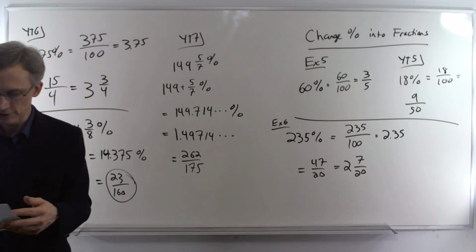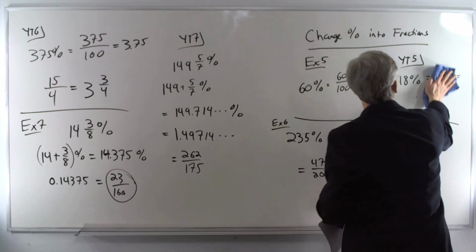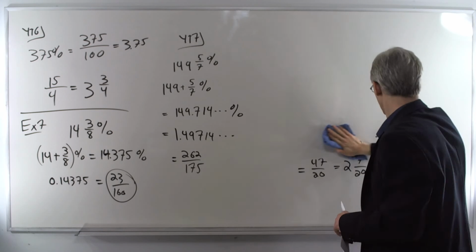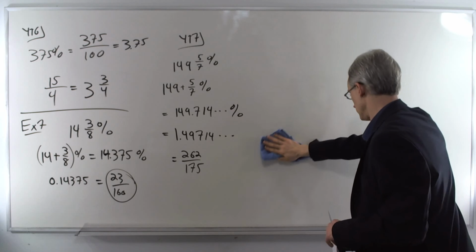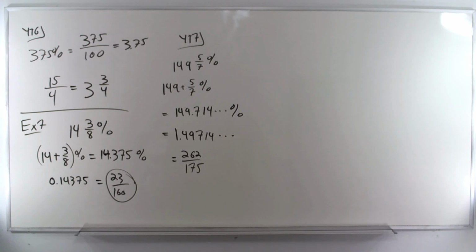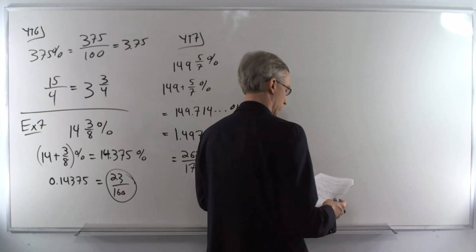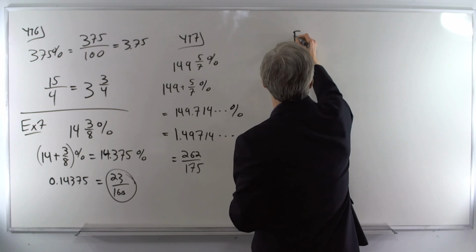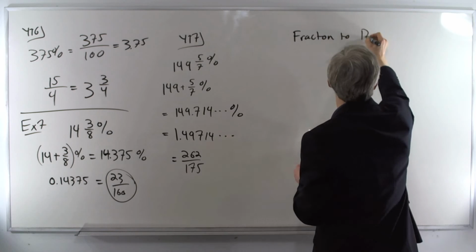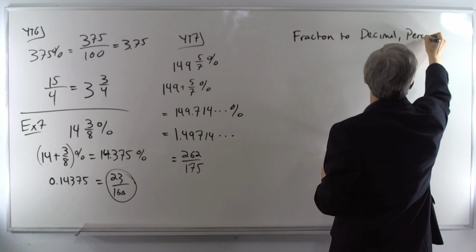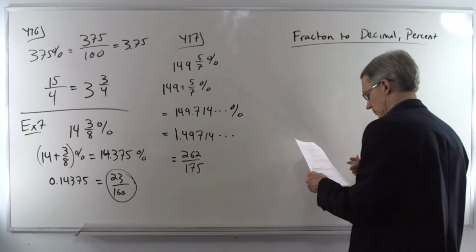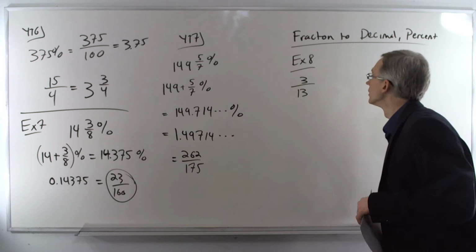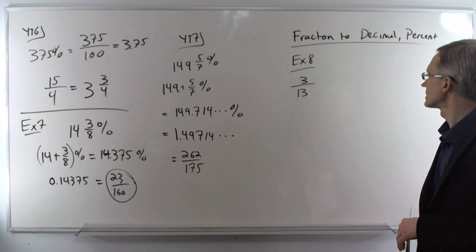All right, next up, we're going to change a fraction to a decimal and a percent. So we're going to take the fraction 3 over 13 and convert this to a decimal and a percent.